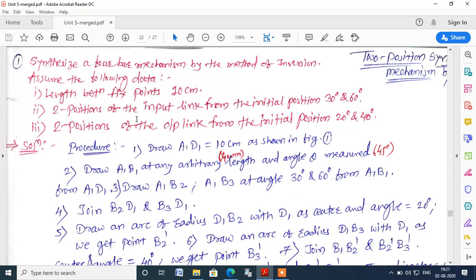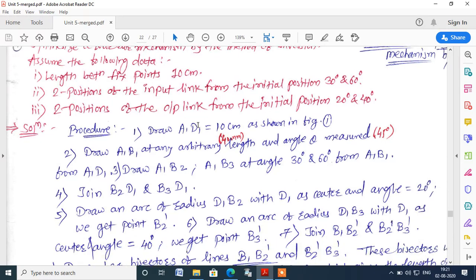So in this problem, 4-bar mechanism, as we know that 4-bar mechanism, it is having the 4 links. So let us say L1, L2, L3, L4. So in that one link should be fixed. So here length between fixed points. So fixed length or fixed link length is given 10 centimeter.